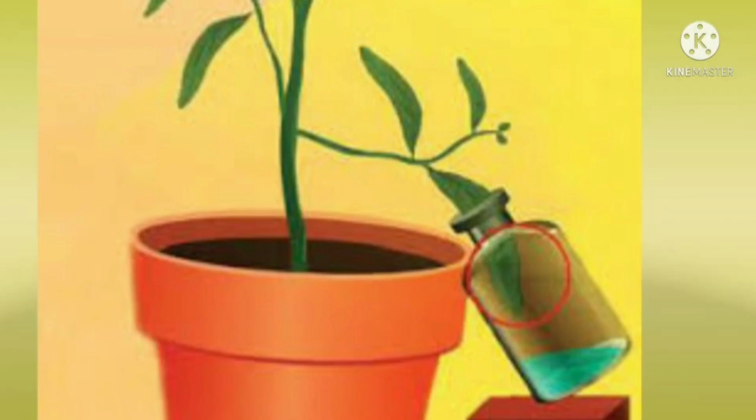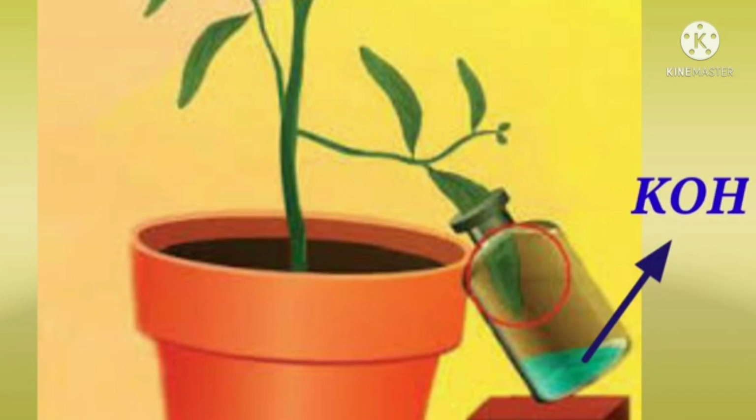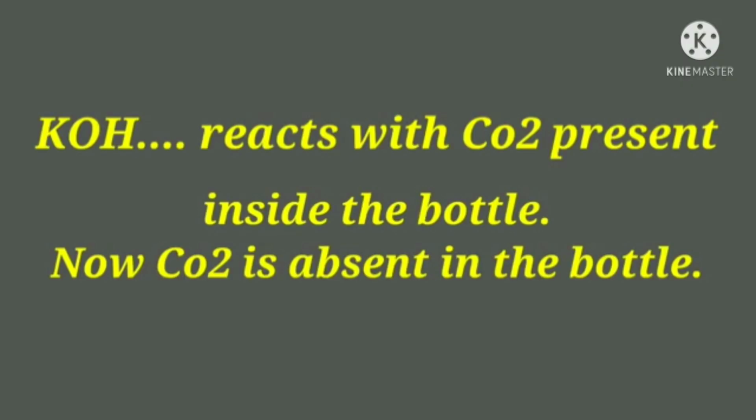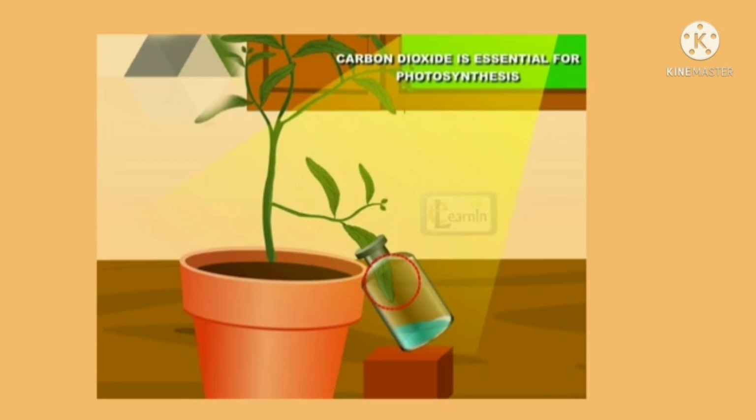After destarching, insert half of the leaf into the bottle which is containing potassium hydroxide. Potassium hydroxide reacts with carbon dioxide present inside the bottle. Now carbon dioxide is absent in the bottle.